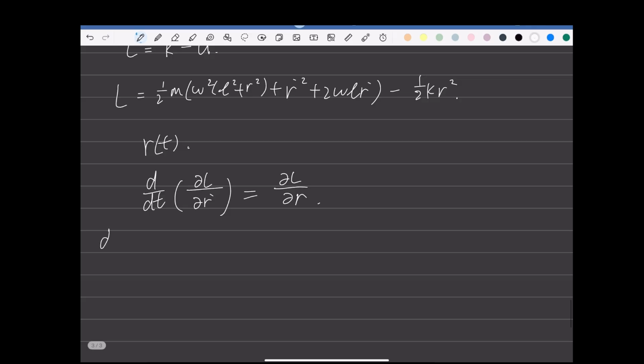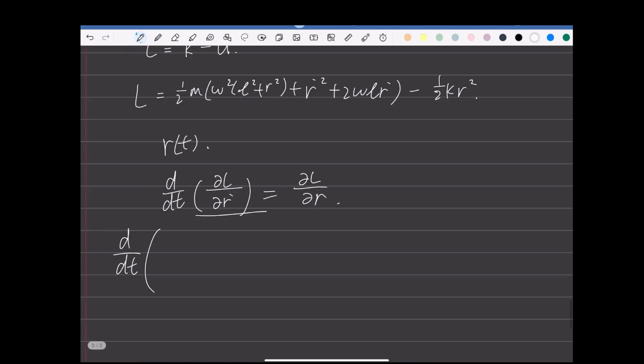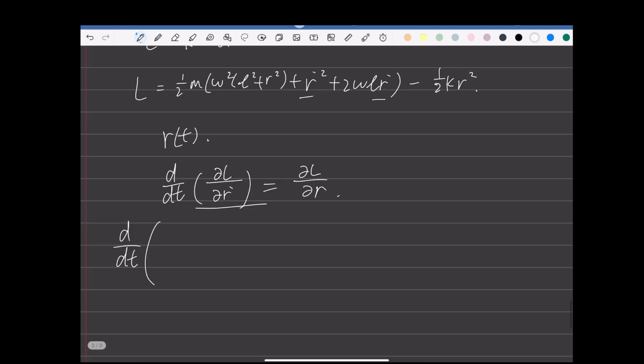So basically, let's do this. d dt of, so what is this? Well, how many r dot terms do we have? We only have this and this. So all the rest becomes 0 because they are constants when you're differentiating with respect to r dot. So what we get here is m r dot plus this m omega L term. And then equals partial L over partial r. So we have this term here and this term here.